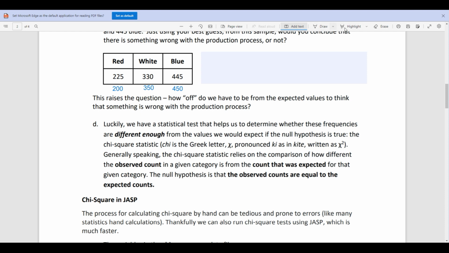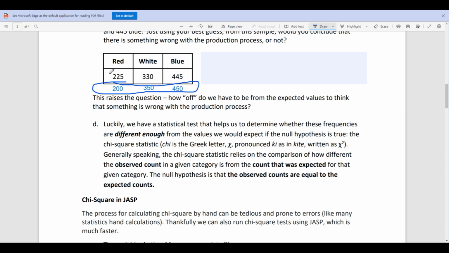So, in other words, what chi-squared does is it starts out assuming that everything is fine, that there's no difference between our sample and what we would expect. The null hypothesis, as usual, is there's no difference.